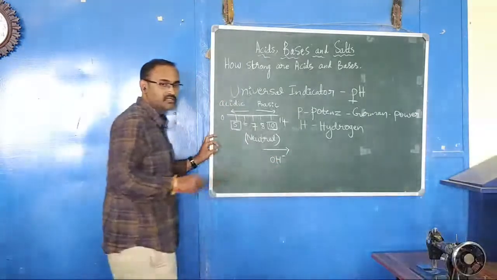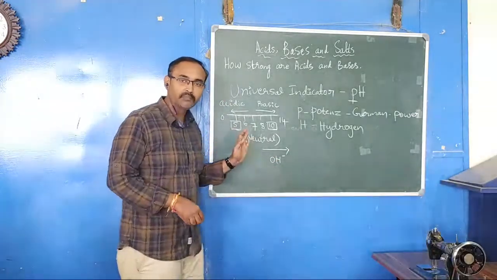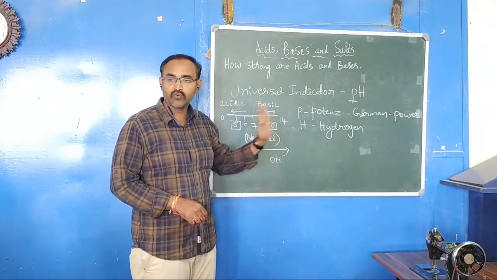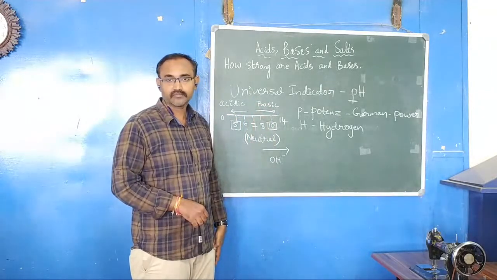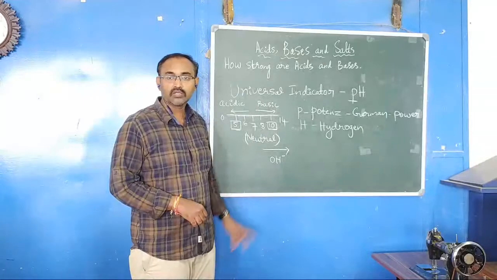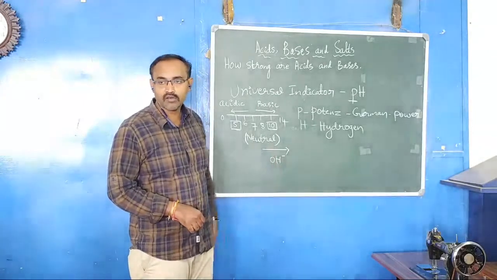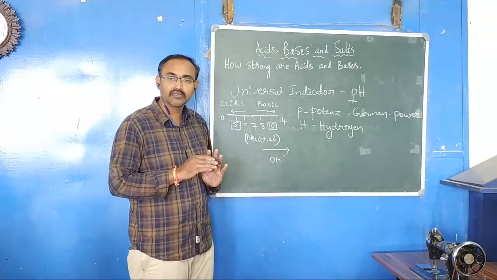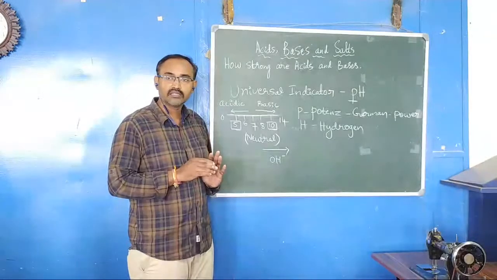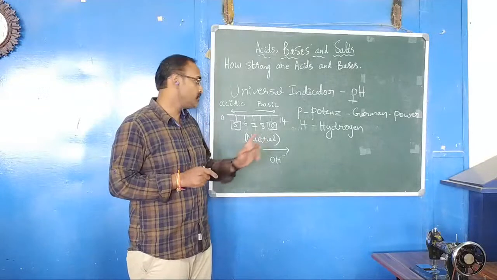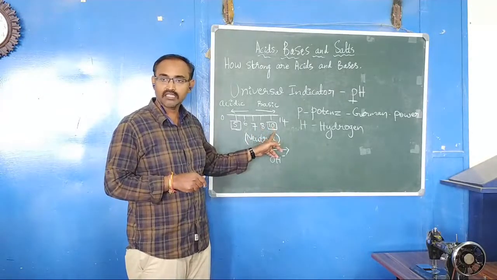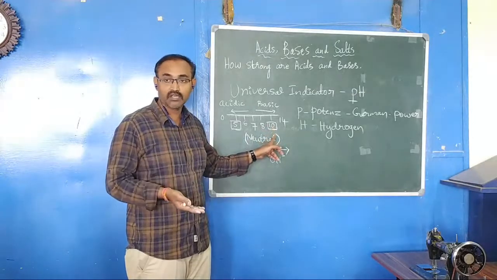So what happens as you move from 7 to 14? What happens if the pH value increases from 7 to 14 to the hydroxyl ion concentration? Does it increase or decrease? See, which is more basic, 8 or 10? 10 is more basic in nature.